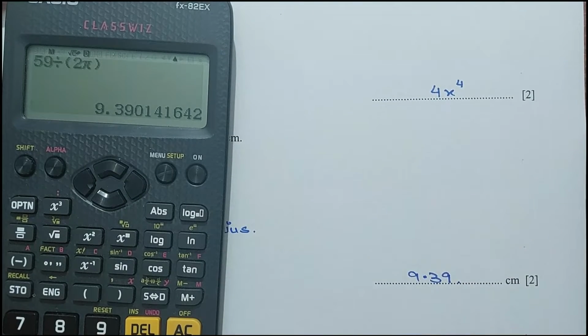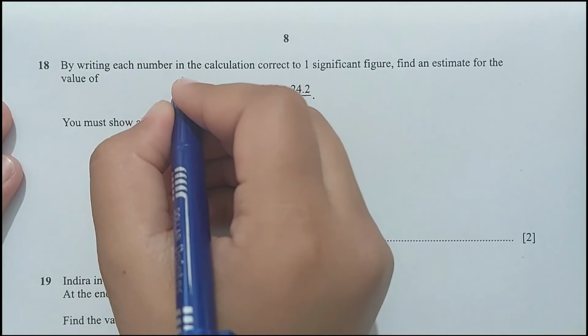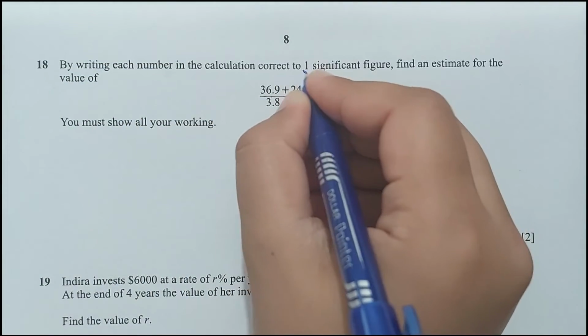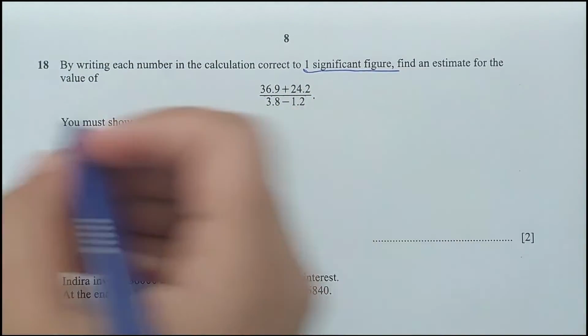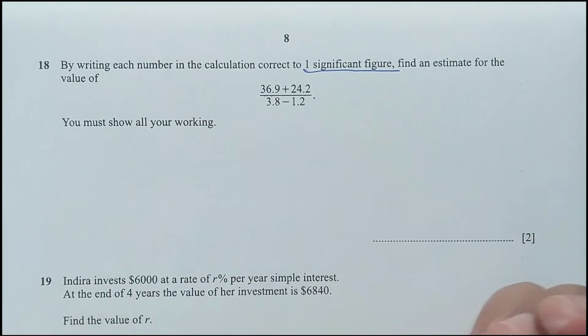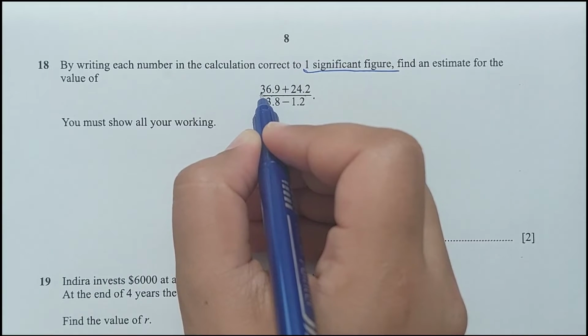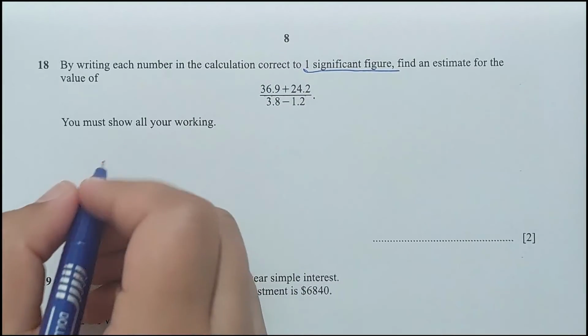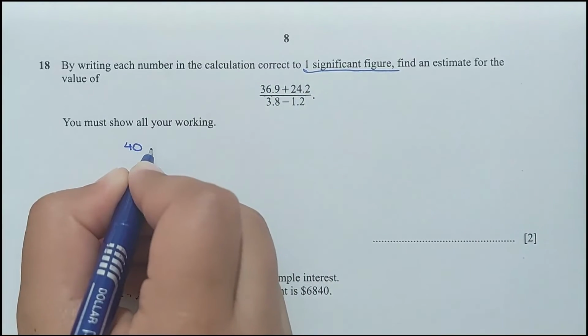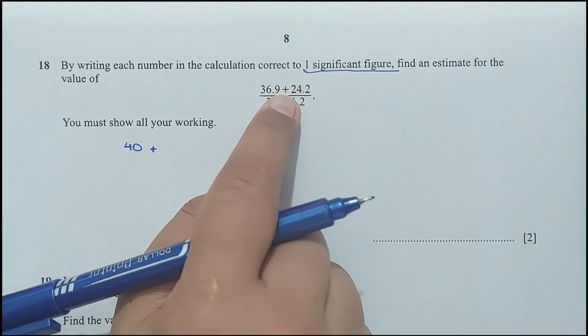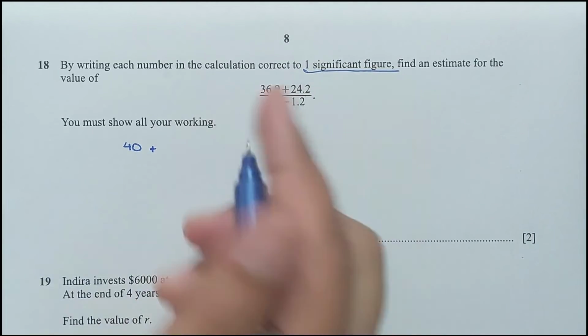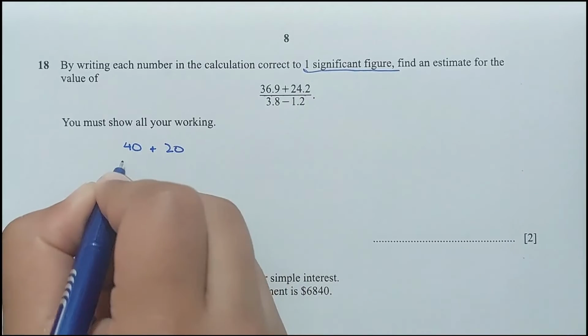All right. Question number 18, by writing each number in the calculation correct to one significant figure, find an estimate for the value of this, and you must show your working. So we write this to one significant figure, that is 3, and it's more than 5, so it is 40. Plus one significant figure, it's 2, and this is less than 5, so it is 20.